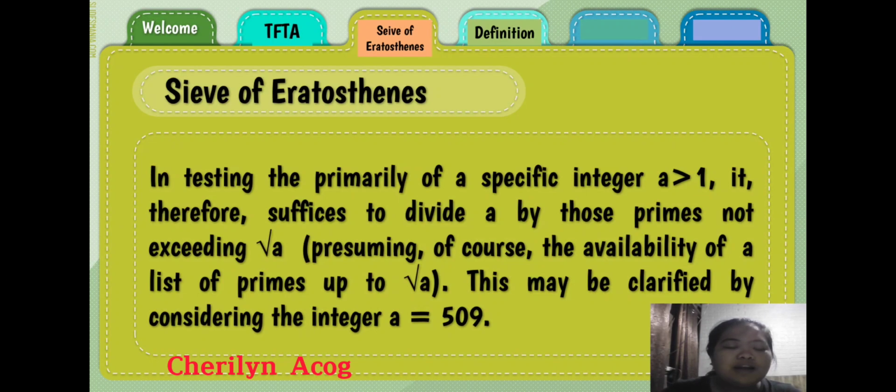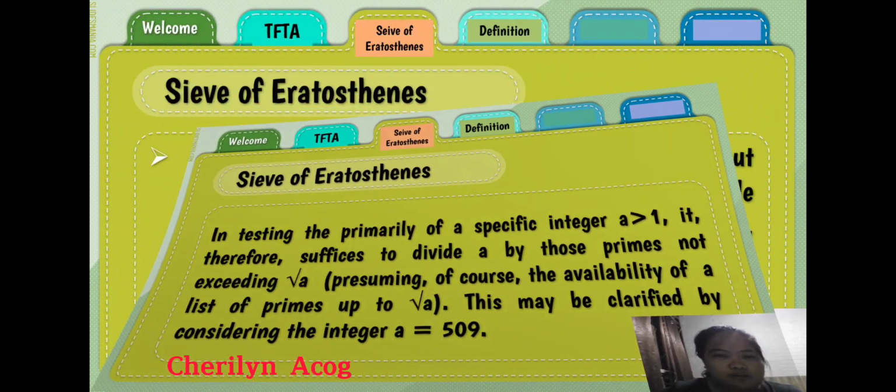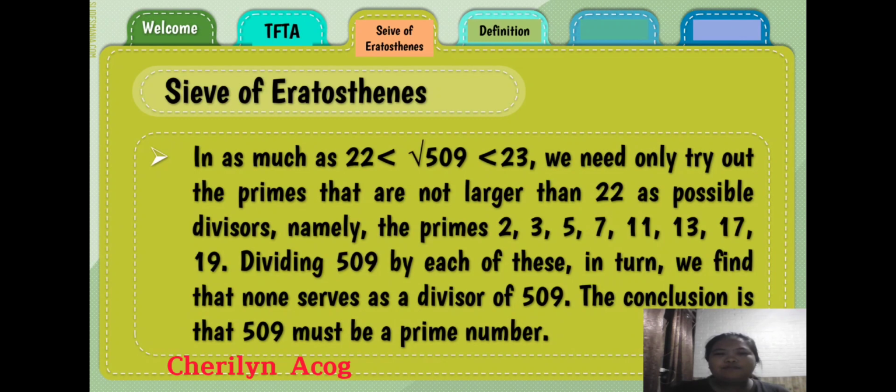Presuming, of course, the availability of a list of primes up to the square root of a. This may be clarified by considering the integer a equals 509. Inasmuch as 22 is less than the square root of 509 and less than 23, we need only try out the primes that are not larger than 22 as possible divisors, namely the primes from 2 to 19.